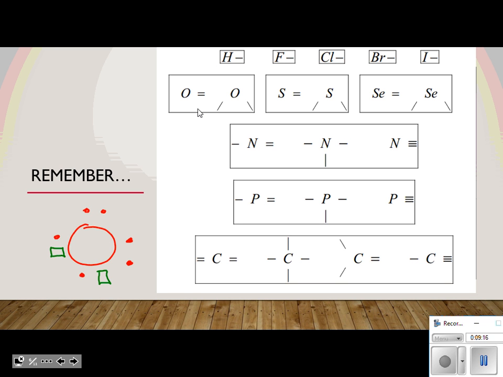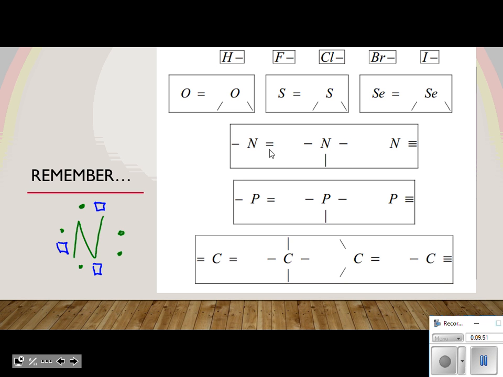1 double bond. Now look at nitrogen on the periodic table. Nitrogen and phosphorus. If I would draw up nitrogen here, I would have my N, and I would put my dots around so that with the nitrogen, I could have 3 possible bonding sites. Therefore, I could have 3 single bonds as here.